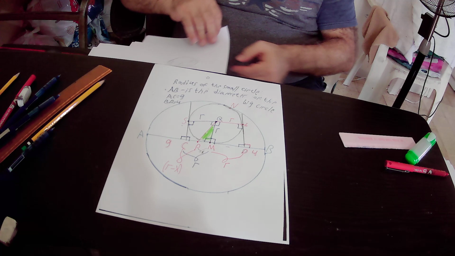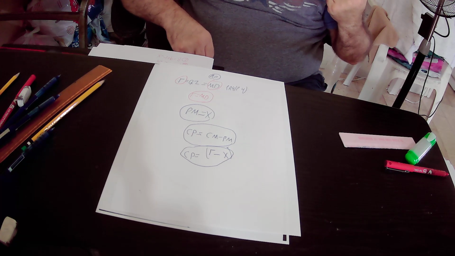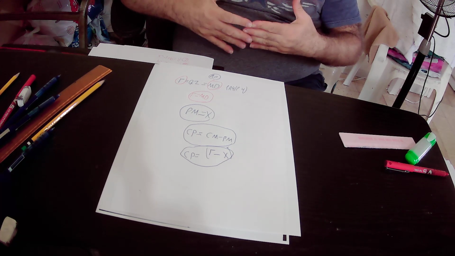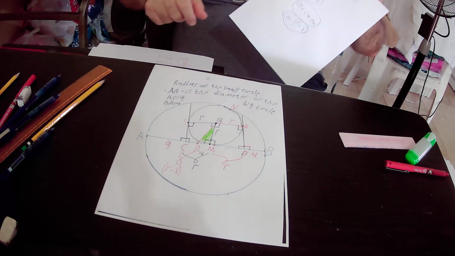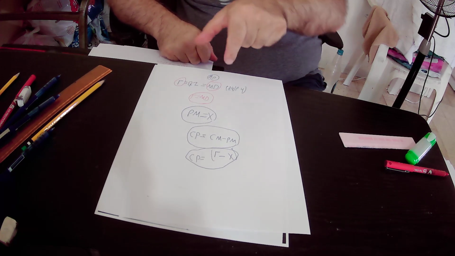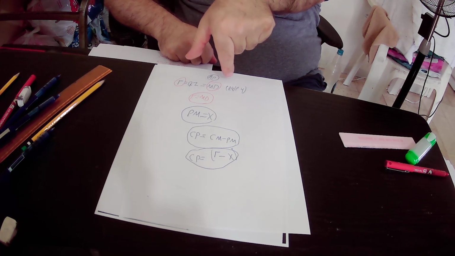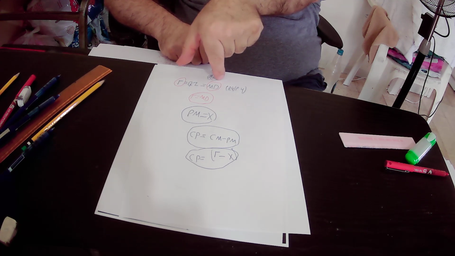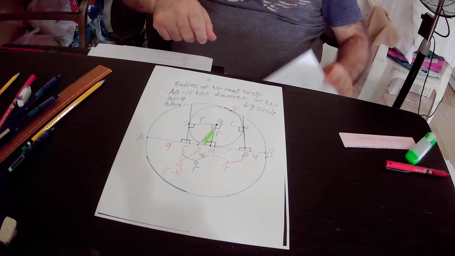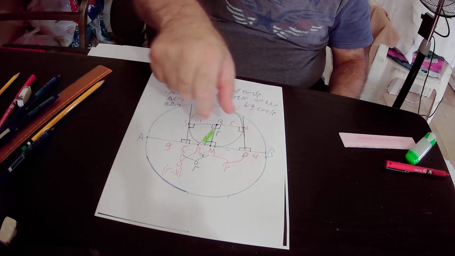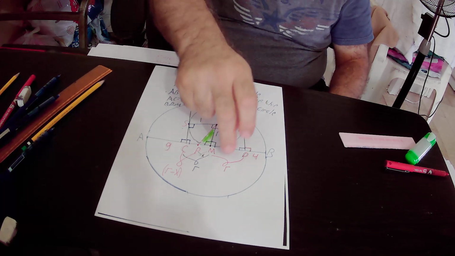But we know that QZ is the radius of the small circle, so QZ equals small r. So we found out that MD equals r. MD is the radius of the small circle. It equals small r.